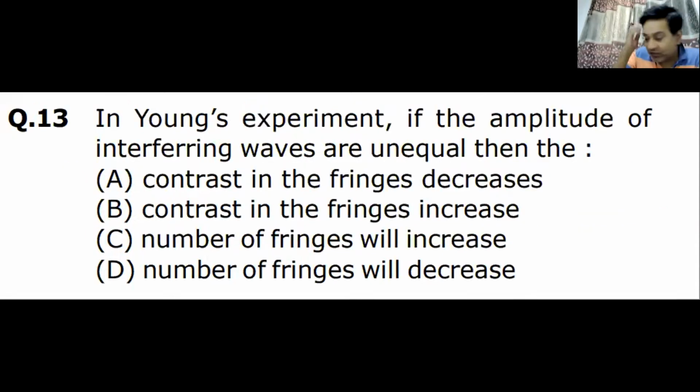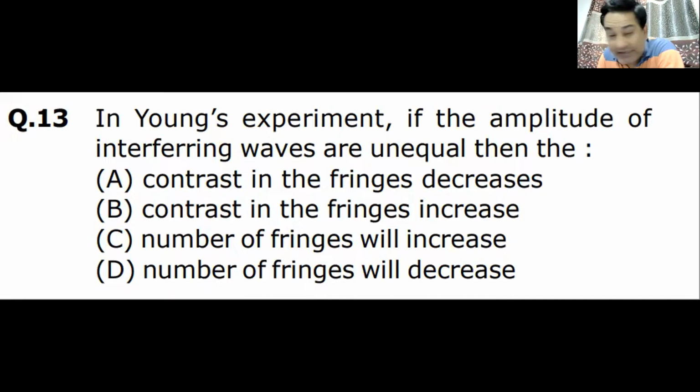That is the next question now. Question number 13 comes on your way. In Young's double slit experiment, if the amplitudes of the interfering waves are unequal, then what will happen? Contrast in the fringes decreases, or contrast in the fringes increases? You have to apply common sense, and you should be able to give me the answer.